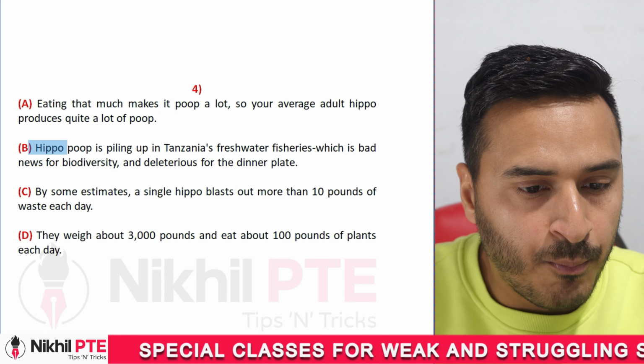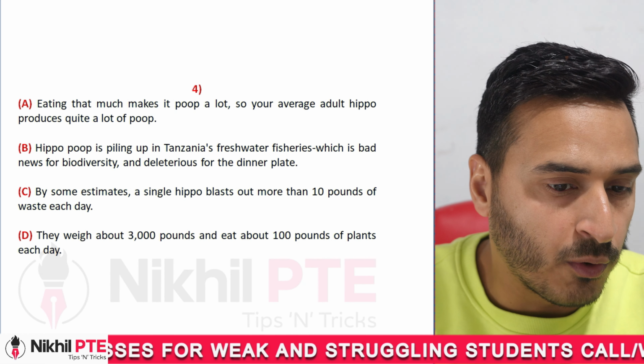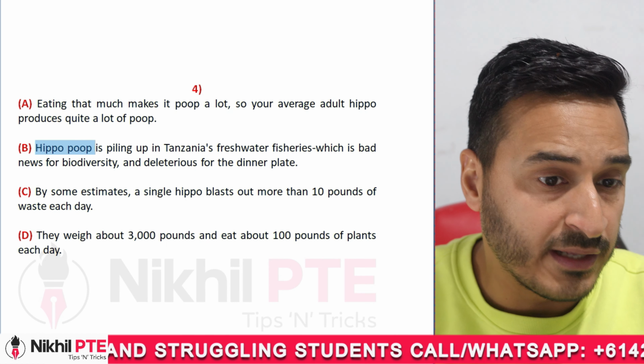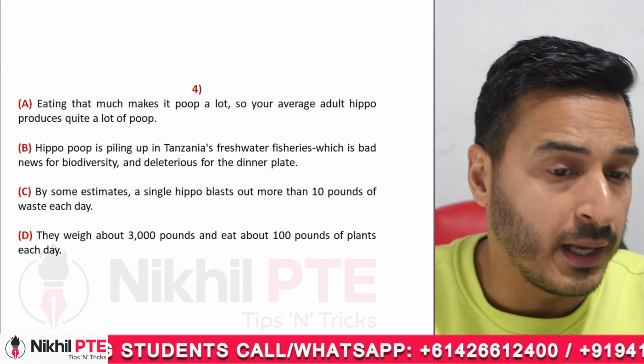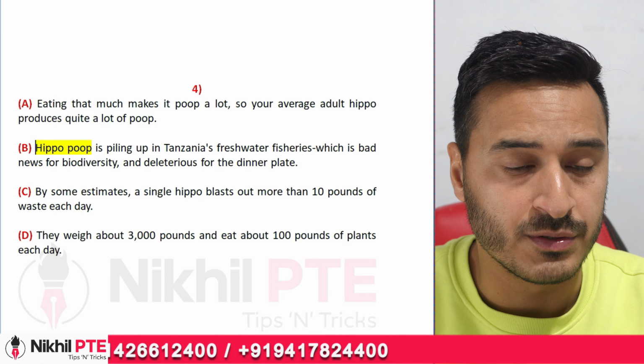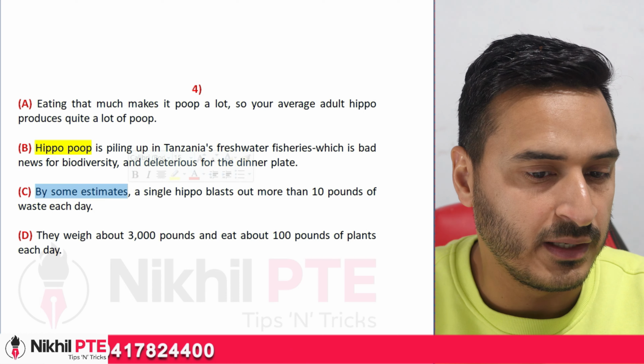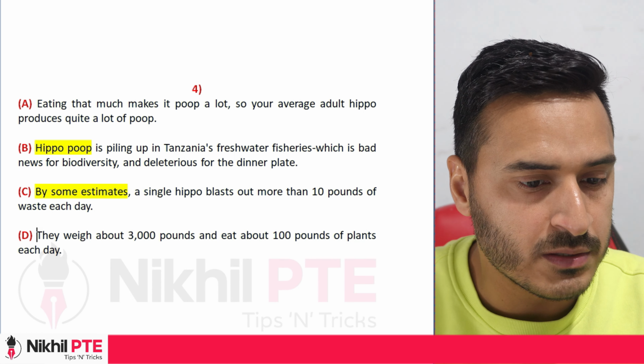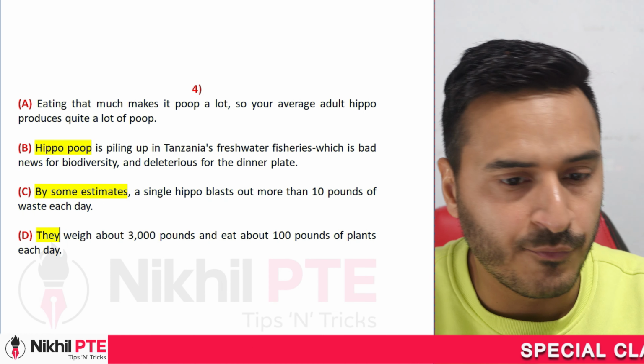"Hippo poop is piling up." Here we are talking about hippo poop at the start, so this option may come first because we will read the whole question first. "By some estimates" is a kind of connector and never comes first. "They" is a plural and never comes first.